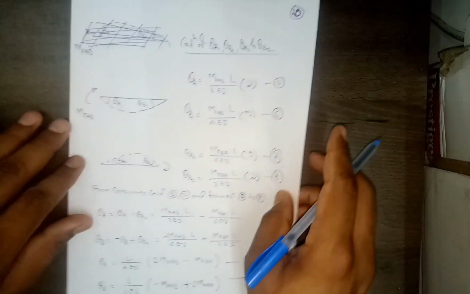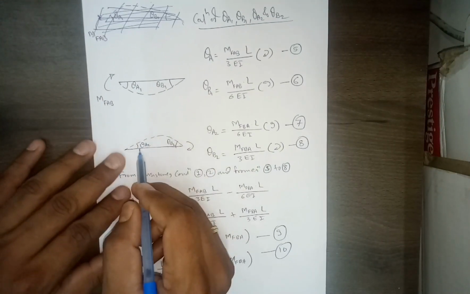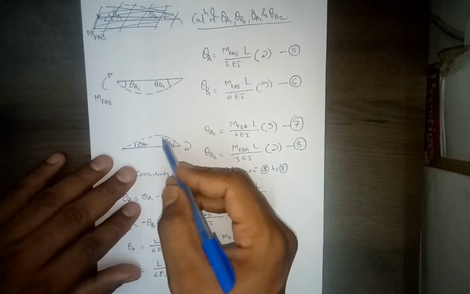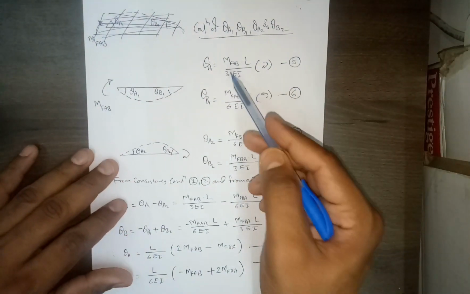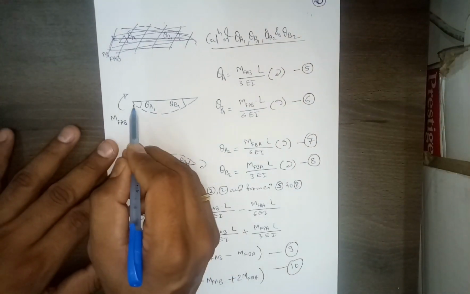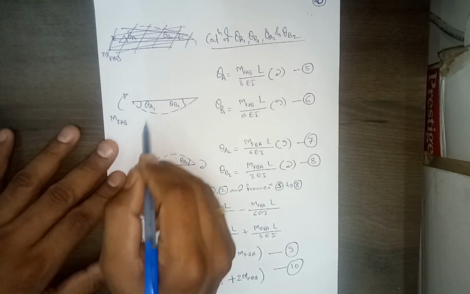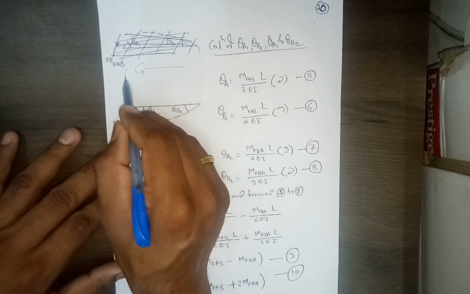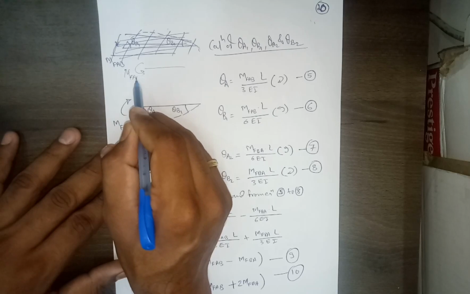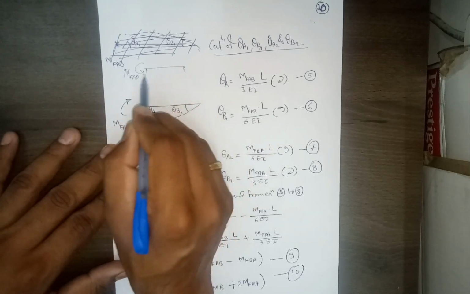Again after this, what we did is we calculated theta a1, theta b1, theta a2, theta b2, but this calculation is almost the same. The only difference is that previously we assumed the moment MFAB like this, and then we solved the problem.